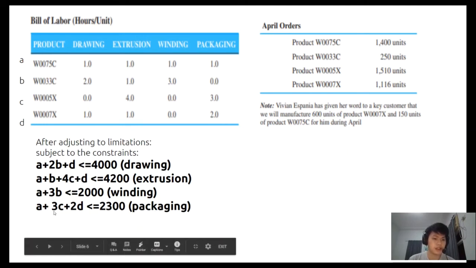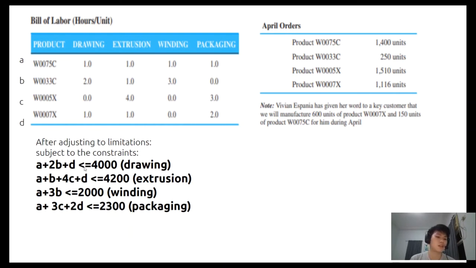And for packaging, we have 3 products, A, C, and D, with 3 R's for product C and 2 R's for product D. And we need to get the target of less than or equal to 2,300. Same goes for the others, drawing, extrusion, and winding, that's less than or equal to 4,000, and the rest.